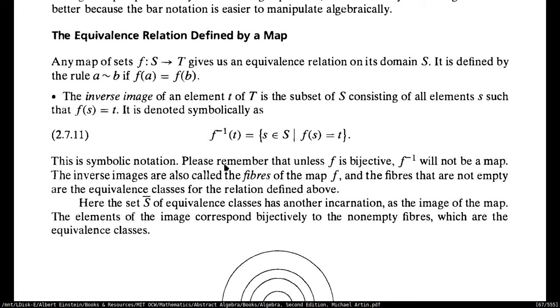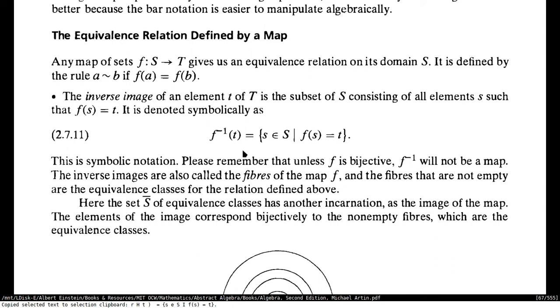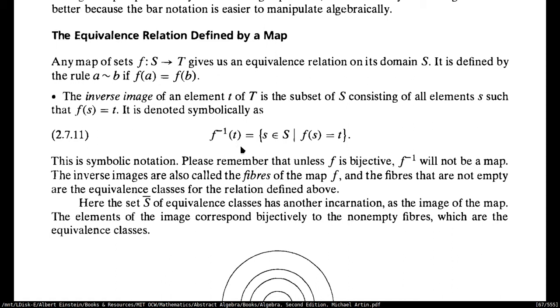And yeah, unless you have f as a bijective map, this pre-image will not be a map, right? So this is where you have to distinguish things. This can be almost equivalent to writing the inverse of a map, so f inverse of the map f, but that's not always true, right?